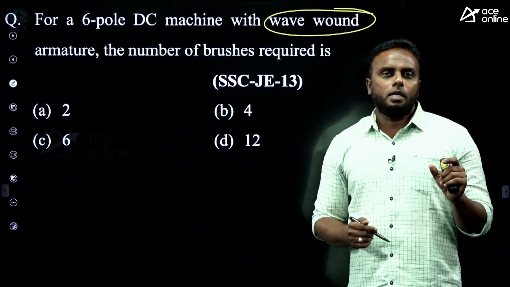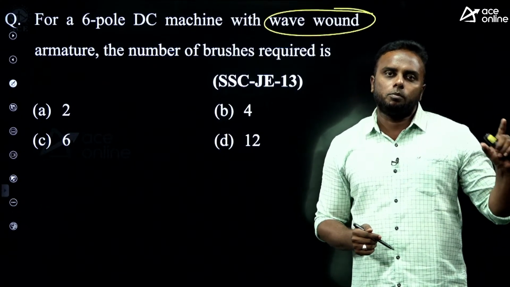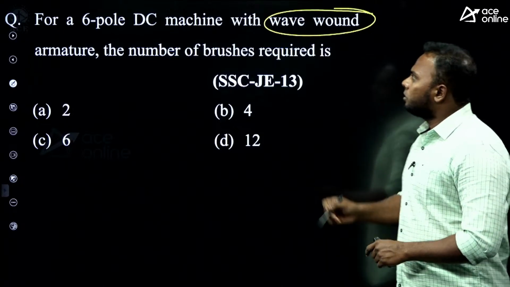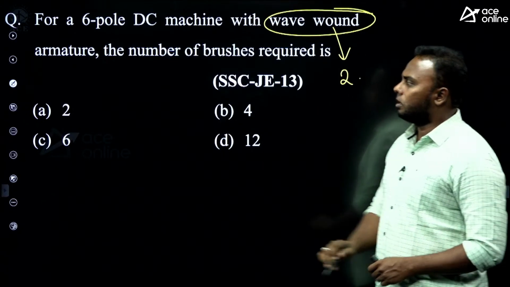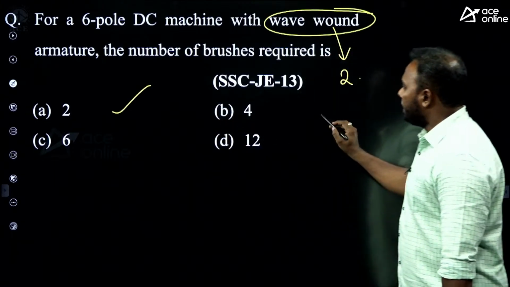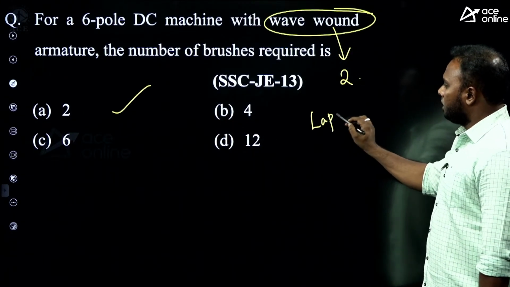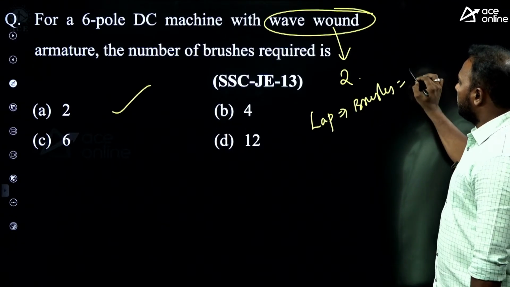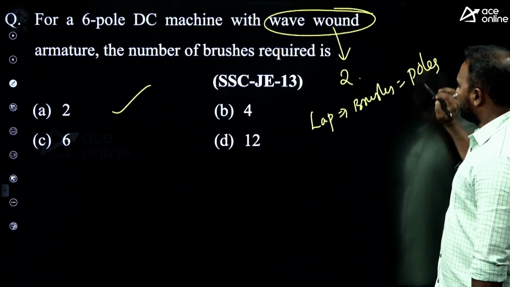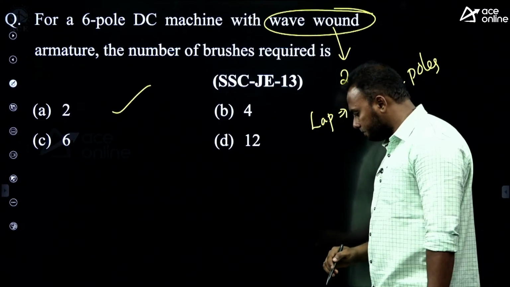But for lap connection, the number of brushes depends on poles. So for wave connection, it is always a fixed 2 brushes required. So option A for this. And if it is lap connected, remember this, the number of brushes required is equal to the number of poles. Next one.